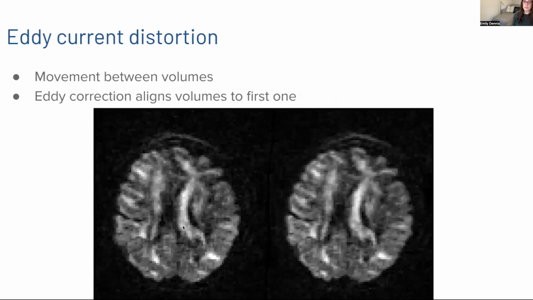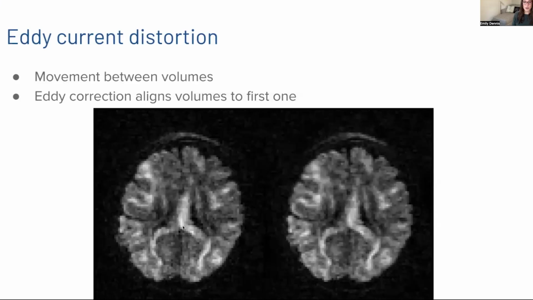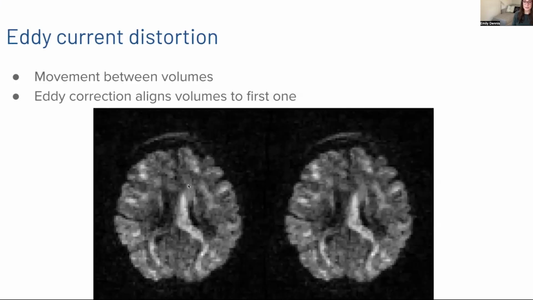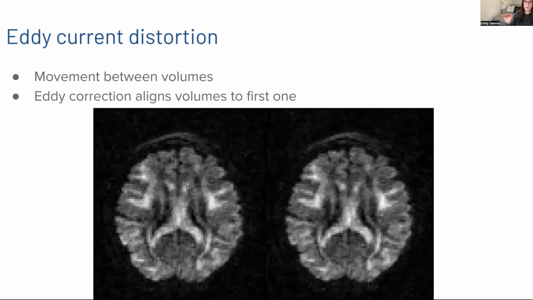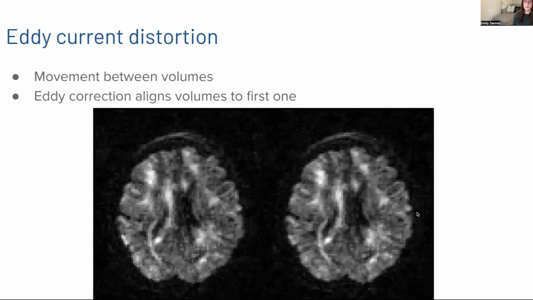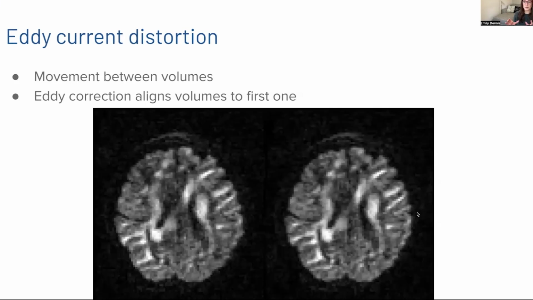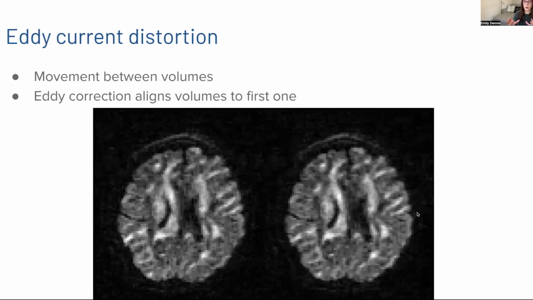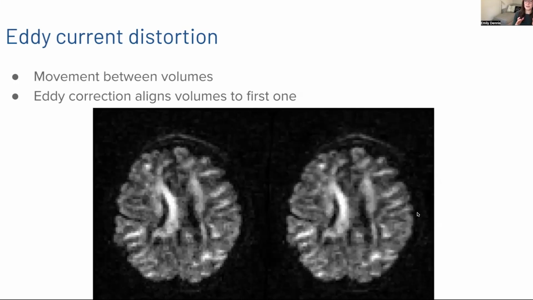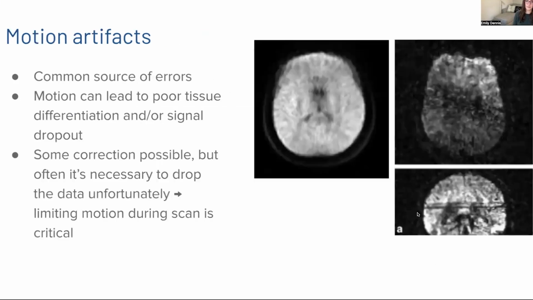Here on the left, we see a volume that has not been eddy corrected, and on the right we see one that has. So you can see the kind of jitter in between the images, and this has been mostly fixed in the other one. So this means that we are better able to model the movement of water, since we are not having to model the movement of the slice itself.